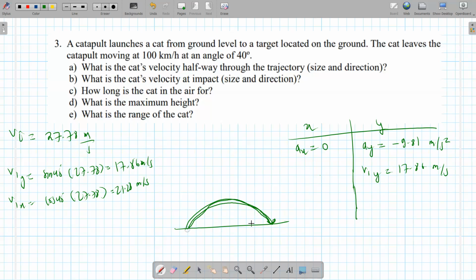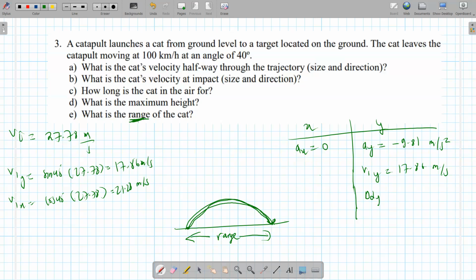What's the change in distance in the y direction from the start to the end? Is that the horizontal distance? No, vertical distance. Horizontal distance is called the range, which we can't find yet. So step 1, what is the change in height?